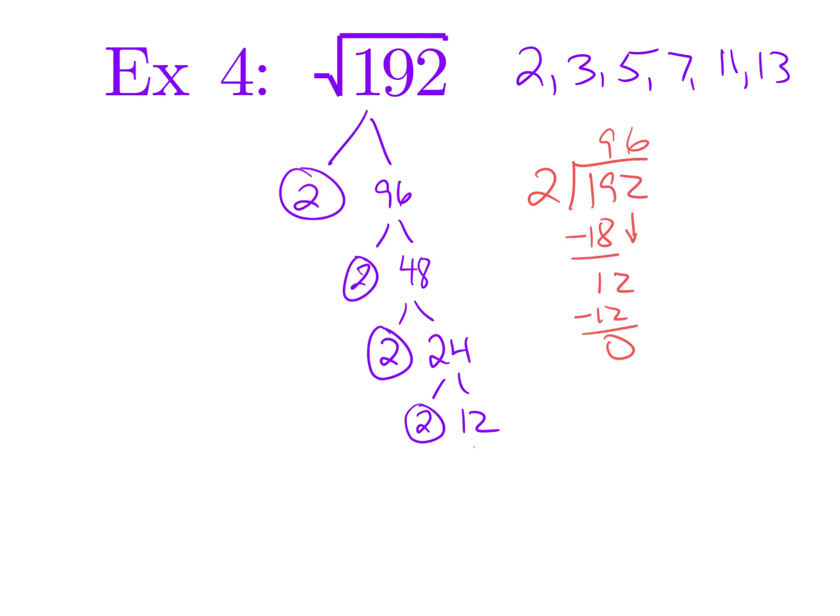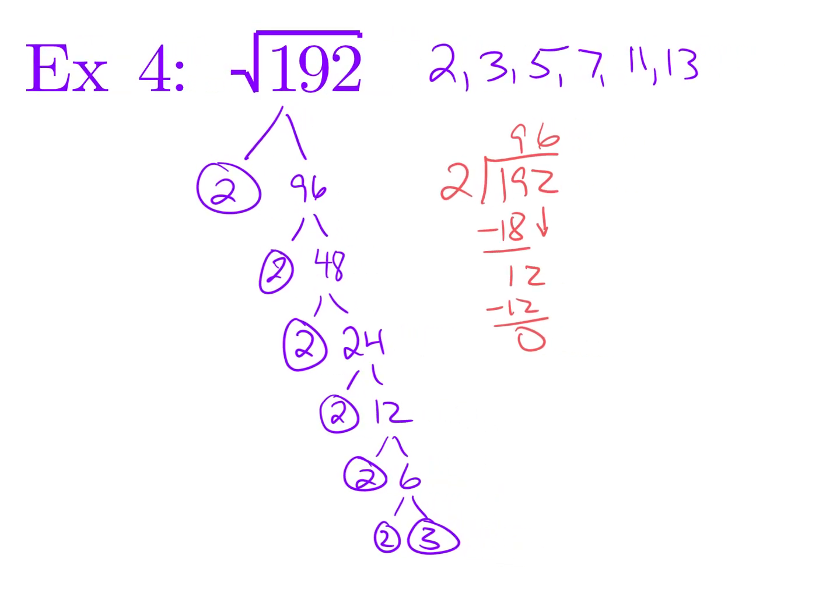What's another one, class? What goes into 12? 2. And 6 goes into it. And then 2 times 3. All right, so it's a lot of 2s. I kind of call it 2ing it to death, okay? Just attacking it with 2s, and that's fine, as long as you get all the way to the very end.